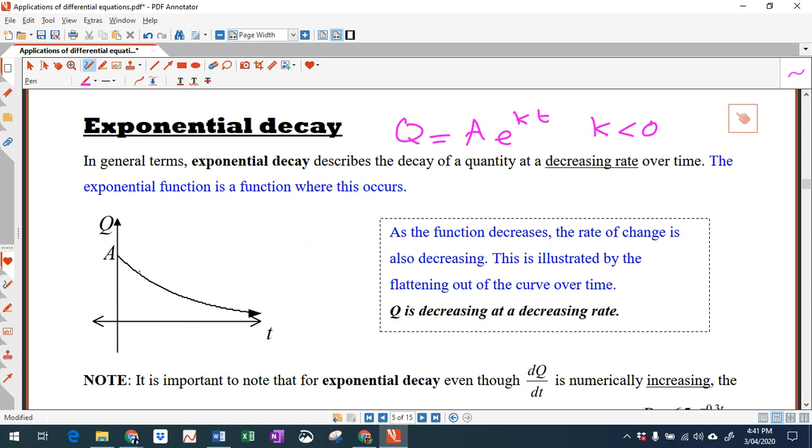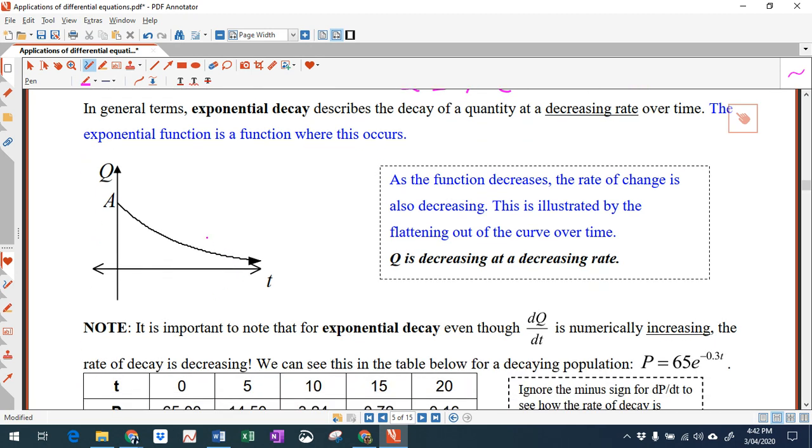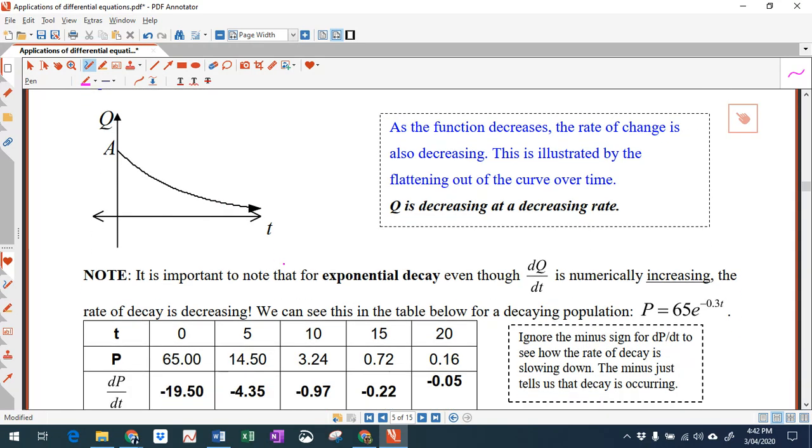You can see the curve is not getting steeper, it's flattening out, and the slope of the curve will be approaching 0, won't it? Because you've got your asymptote there at Q equals 0. So the quantity is decreasing at a decreasing rate, because it's flattening out.